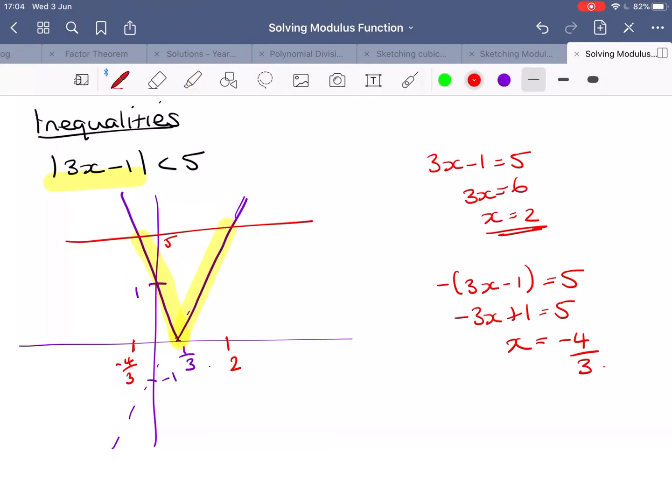Because if I think about, say, a value of x equals 1, my modulus value is less than y equals 5. If I think about x equals 0, my modulus value is less than 5. So to solve my inequality, it has to be in this range between x equals minus 4/3 and x equals 2. That is when the modulus function is less than 5. So my solution is minus 4/3 is less than x is less than 2.